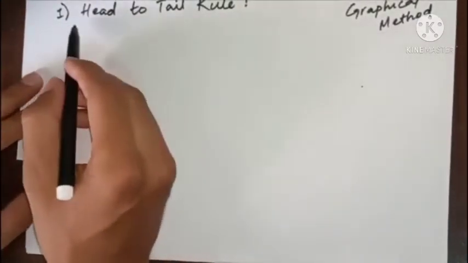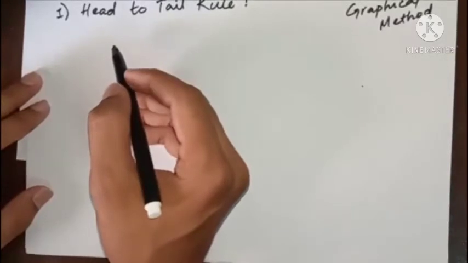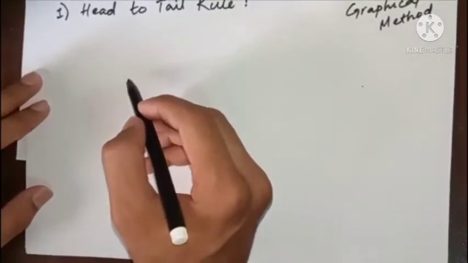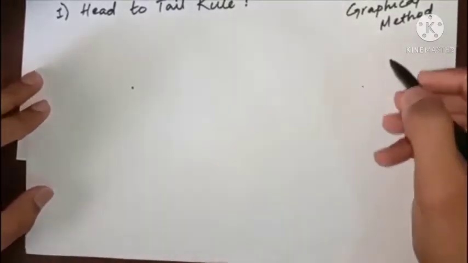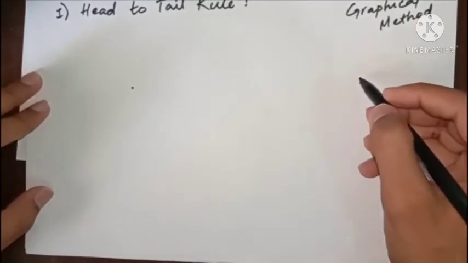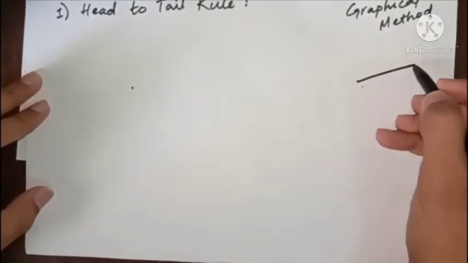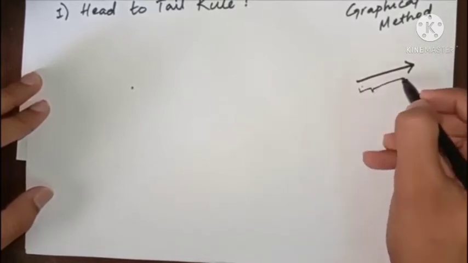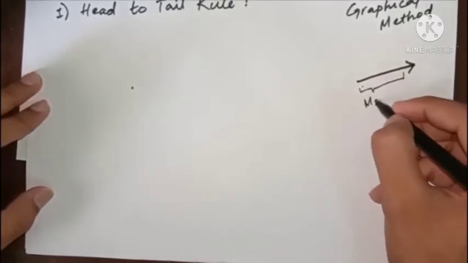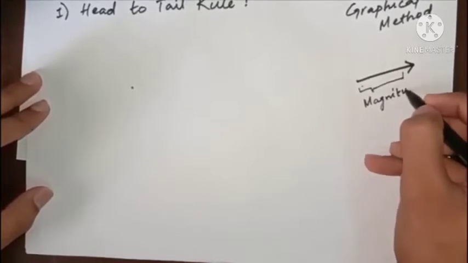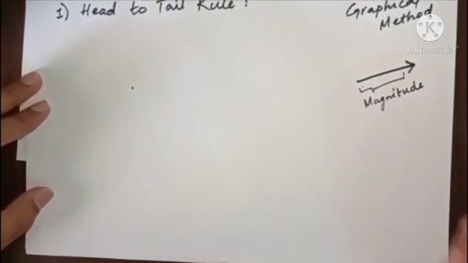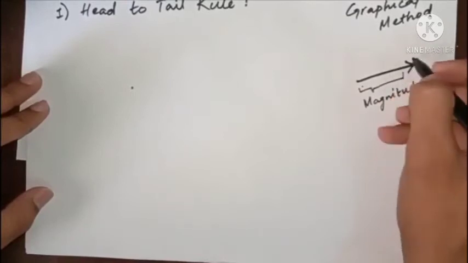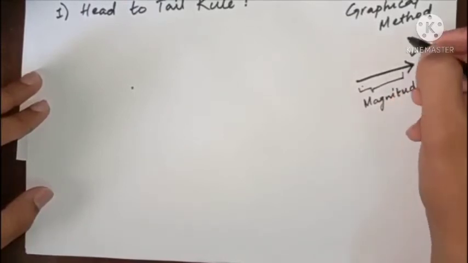The first one, head to tail rule. First we have to know that a vector can be graphically represented as an arrow whose length will represent its magnitude with a suitable scale, while the arrow represents direction.